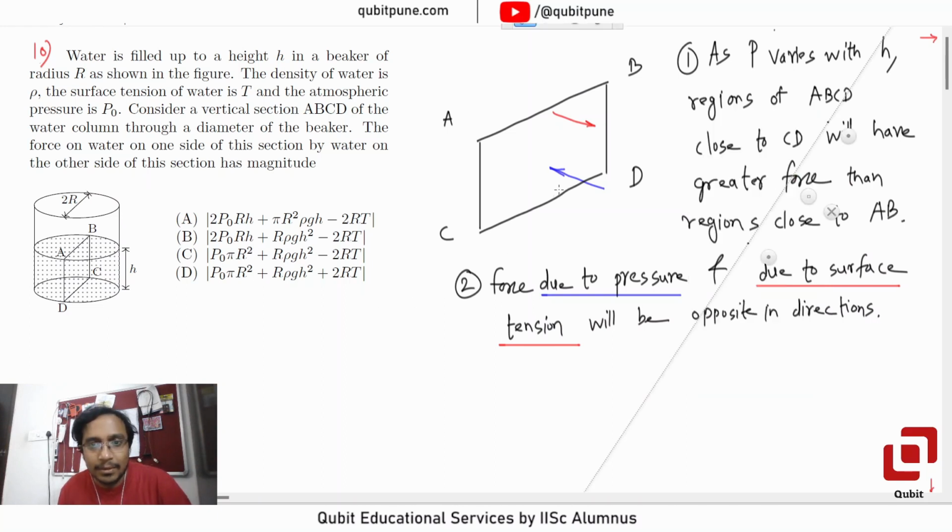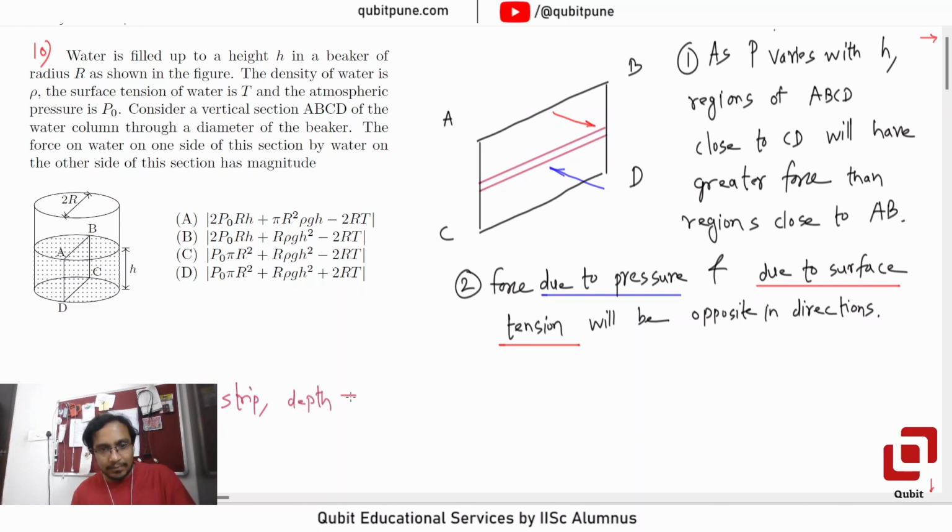Now when we consider that horizontal strip, we will assume that it is at a depth x. Let x be our variable of integration. So suppose this is that strip, depth is x, and thickness is dx.